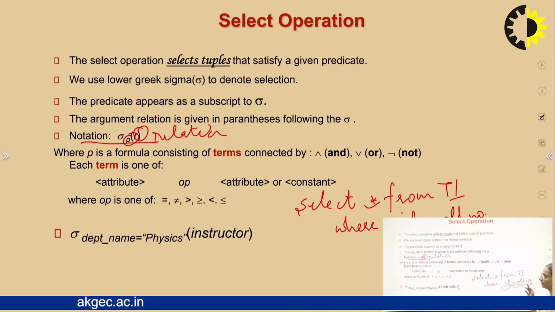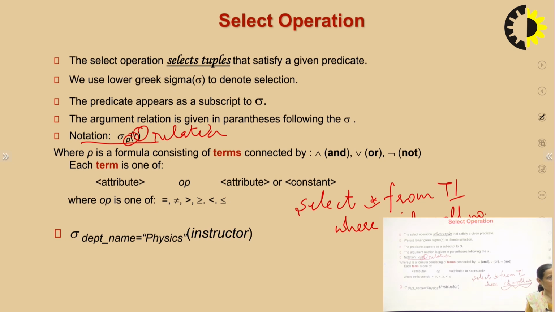This is the predicate, that is the condition on which you are selecting those attributes. So here P is a predicate. The predicate appears as a subscript. Always remember that when you write this sigma, you never write P along with the sigma. You always write P, that is the predicate, as its subscript. And then comes your relation, that is in this case T1.